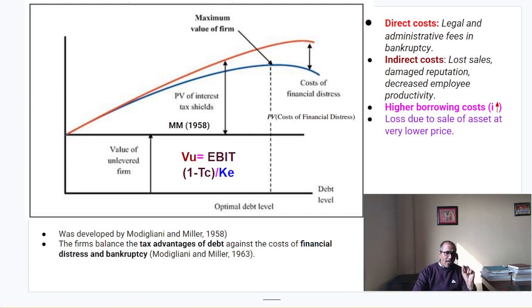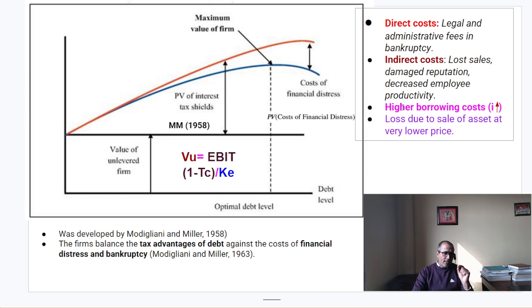So you need to understand here, friends, that when the company uses debt, definitely there will be a benefit, no doubt. But what type of cost would be there, based on the benefit and cost of using debt I'm talking about? The cost would be legal and administrative fees in the bankruptcy case, and indirect costs would be lost sales, damaged reputation, and decreased employee productivity.